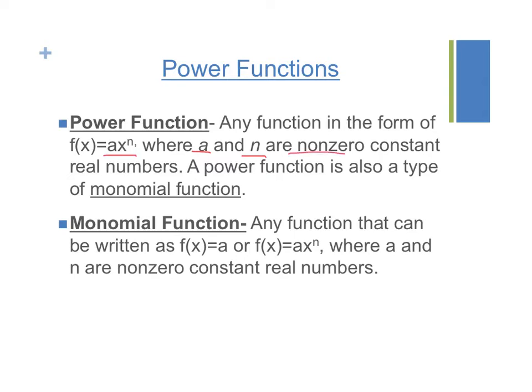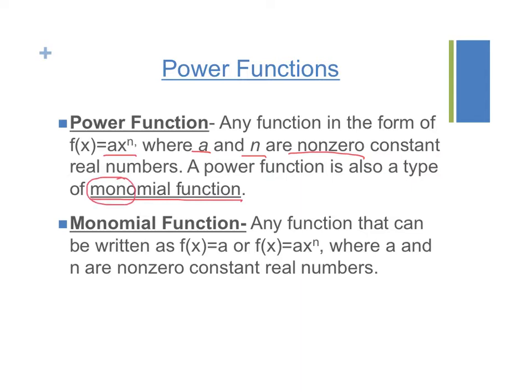That's what non-zero means. So a and n cannot be 0, and they can be any constant real number.